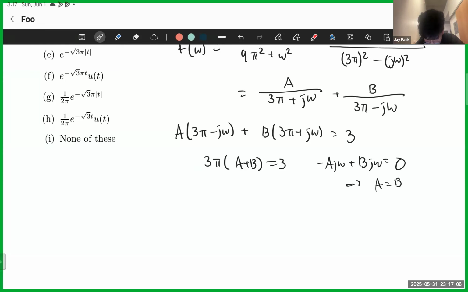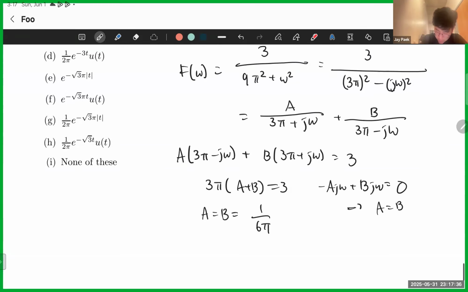Where am I? Oh yeah. So I want to take a equal to b. And so I will take a equal to b equal to, I believe, 1/2 pi.